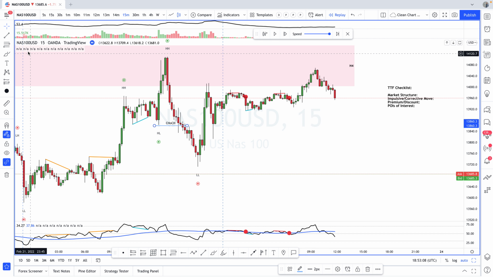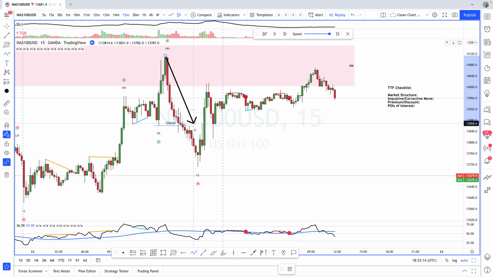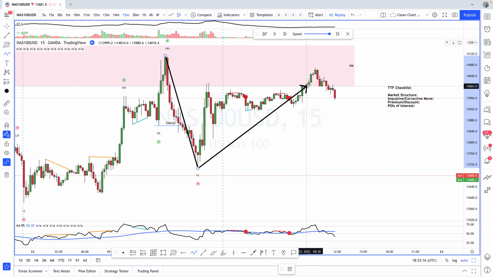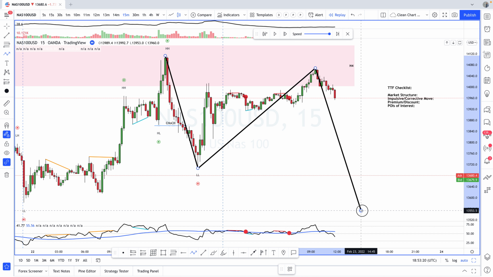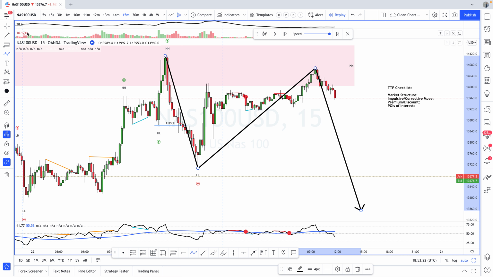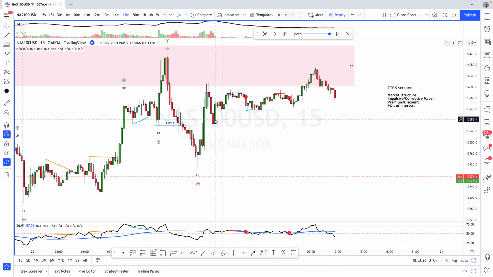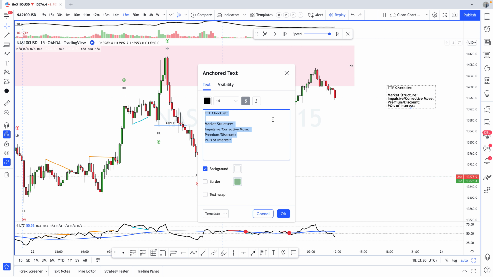Knowing that price went from this point down to this point, I'm expecting somewhere here it's going to make a lower high, and then price will continue. This is my expected order flow of what's going to happen next. So from a market structure standpoint right now, on the trading time frame, we're unconfirmed bearish.